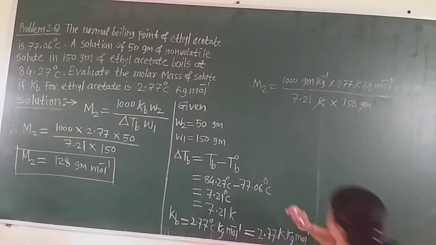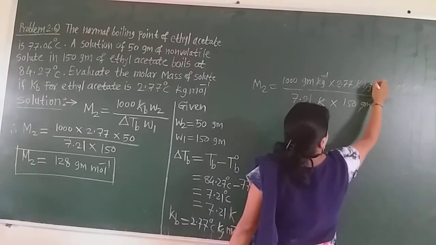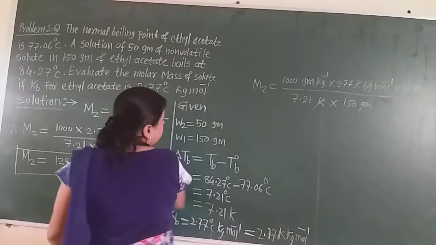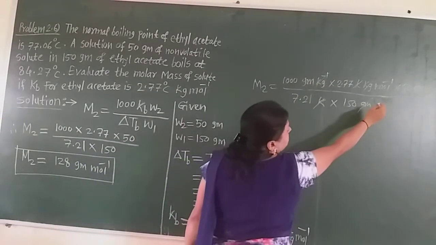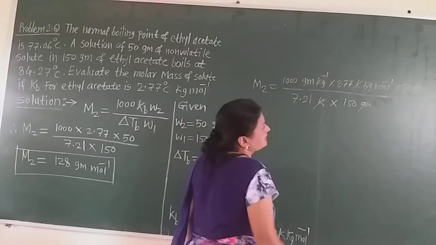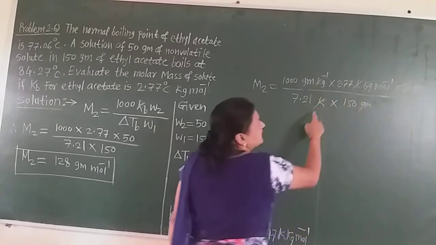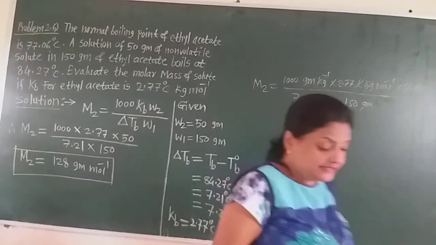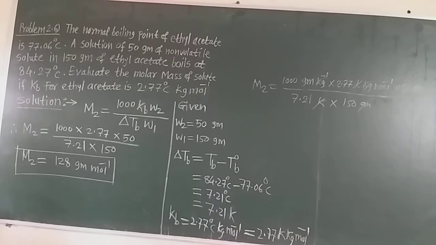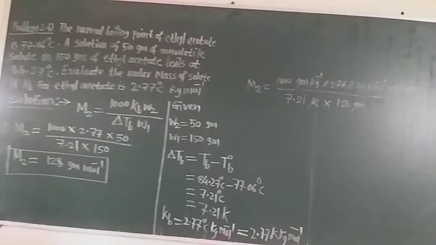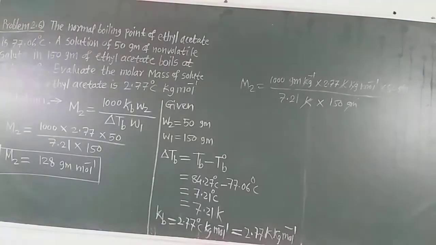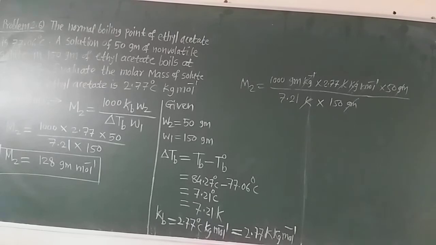So the unit of molar mass we obtain here is gram per mole. See here, per kilogram and kilogram get cancelled, gram also gets cancelled, Kelvin also gets cancelled, and only grams per mole remains. So in this way, students, you can see how I included the units and the unit of the molar mass you obtain is gram per mole.